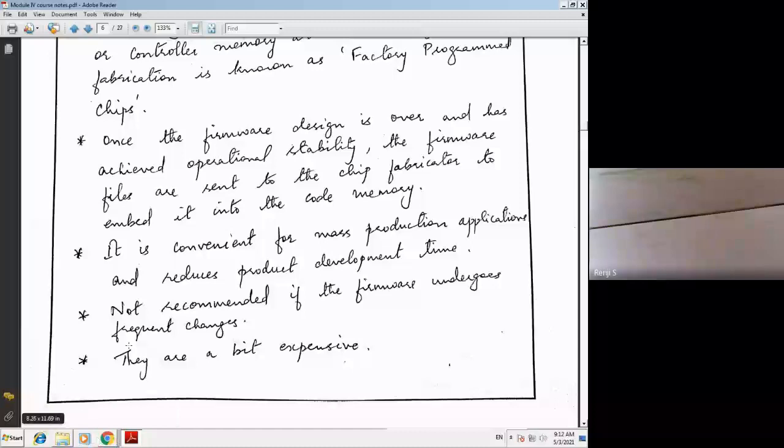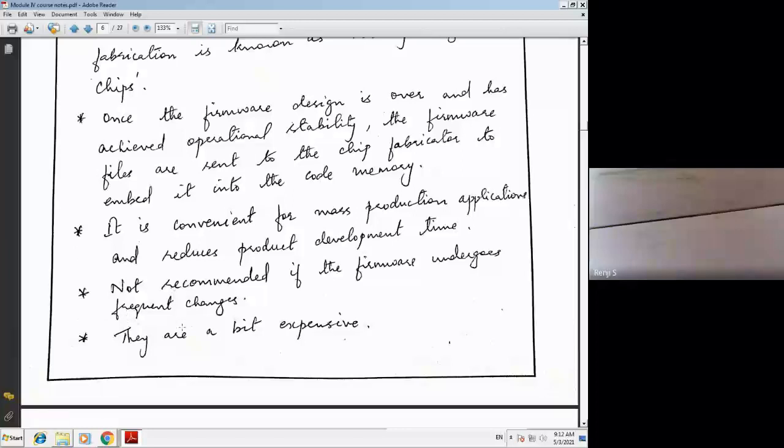Once this firmware is found to be correct, they can produce any number of chips. So it is convenient for mass production.